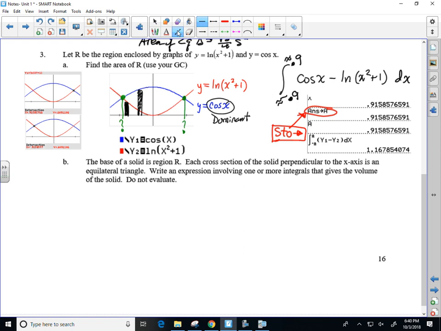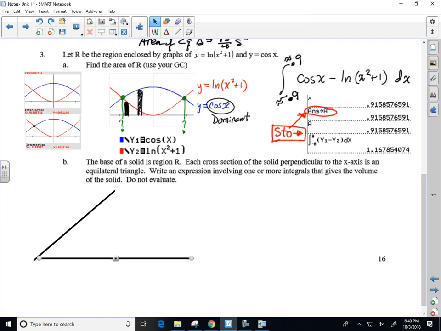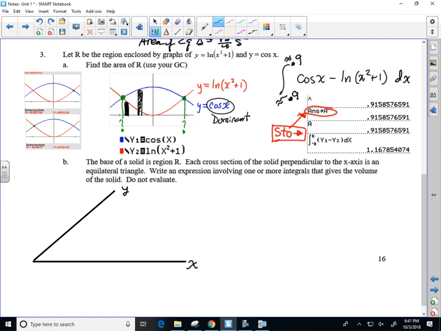So, perspective drawing. All above the x-axis, right? I'm only going to draw a quadrant 1. We have a symmetrical looking graph here. And it's more than looking, it is symmetrical. So our intersection was something like 0.9 comma 0.6.